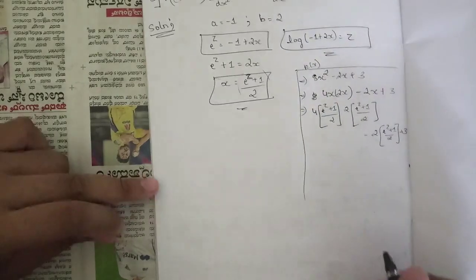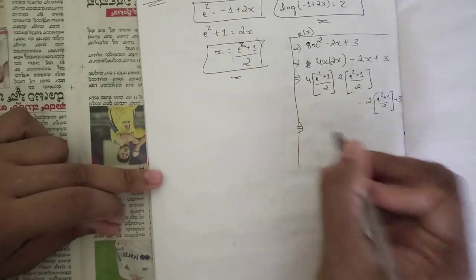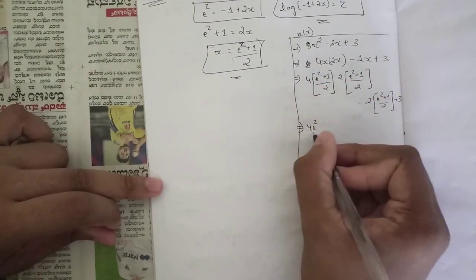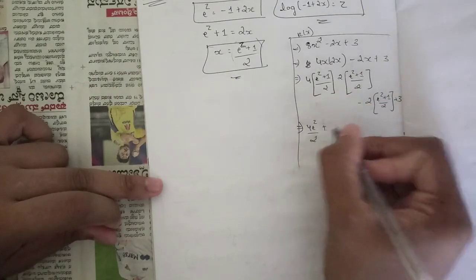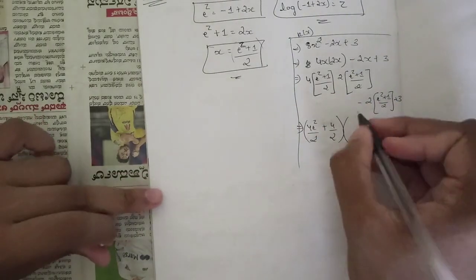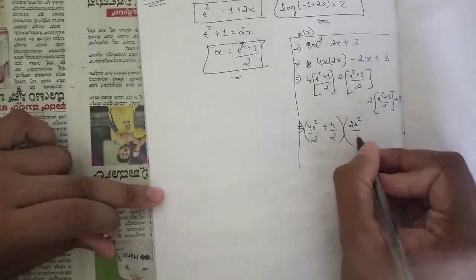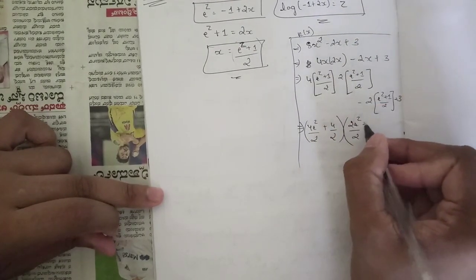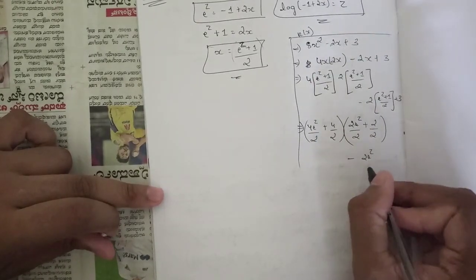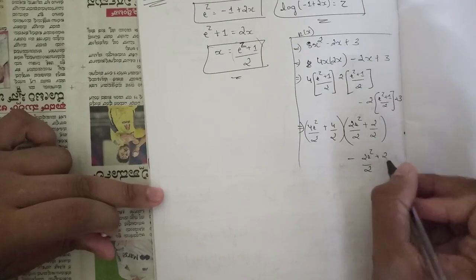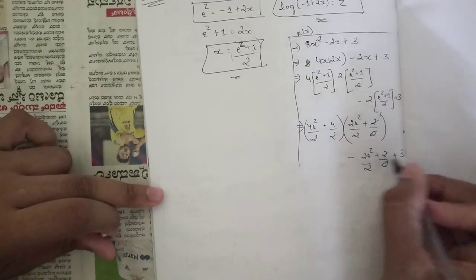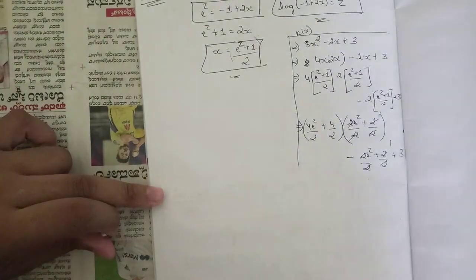plus 3, right? Now multiply this 4, so it would be 4(e^z/2 + 1/2) into 2(e^z/2 + 1/2), minus 2(e^z/2 + 1/2) again, plus 3. Here 2/2 will become 1, and this is again 1.